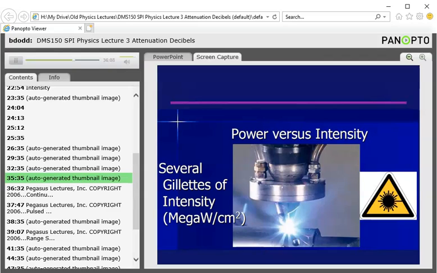Okay, now let's get into echo ranging. Echo ranging is a little important. When we use sound in the body, our transducers are not firing out constant sound, okay?